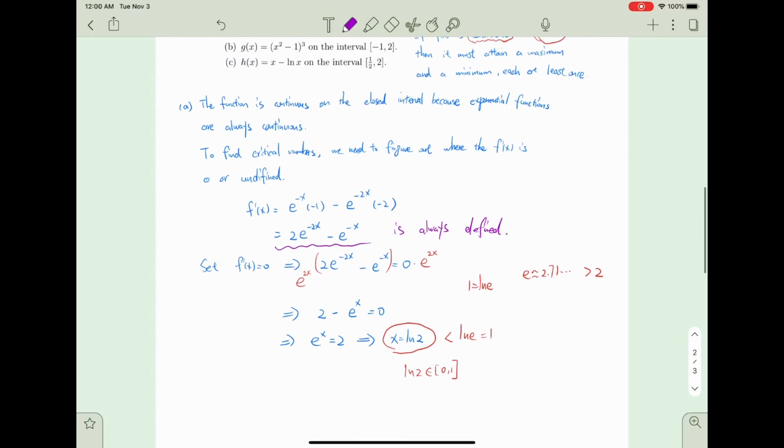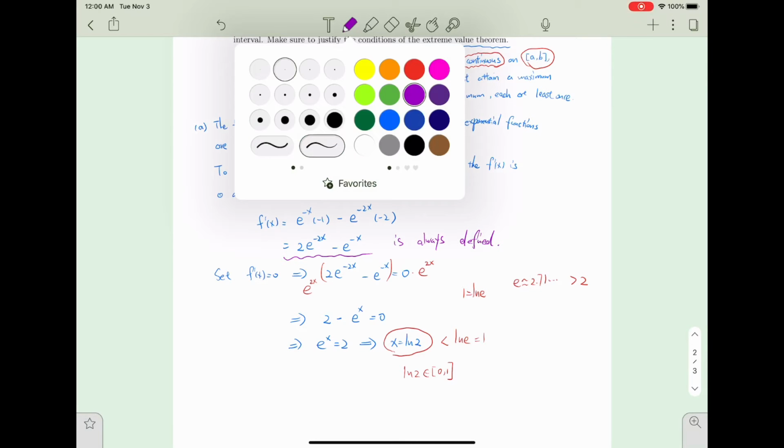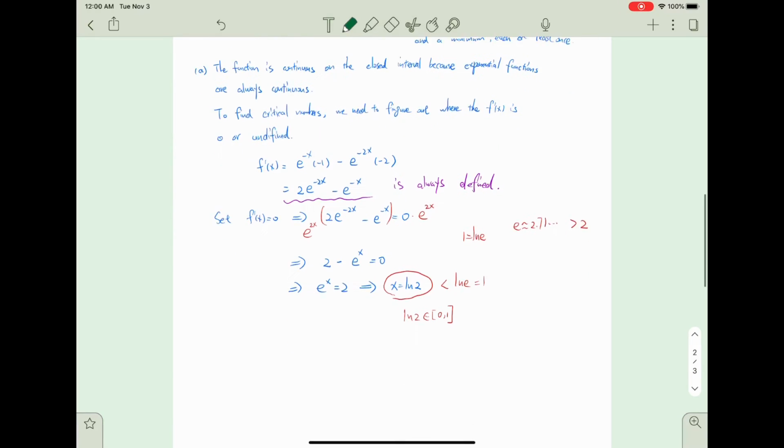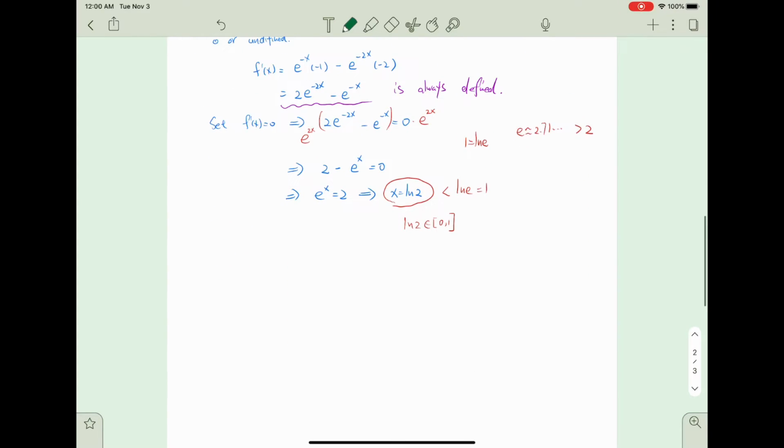I have said that in addition to testing the critical numbers, we also need to test the endpoints 0 and 1. Therefore, we have 3 points to test: ln2, 0, and 1. Hence, we test 0, ln2, and 1.